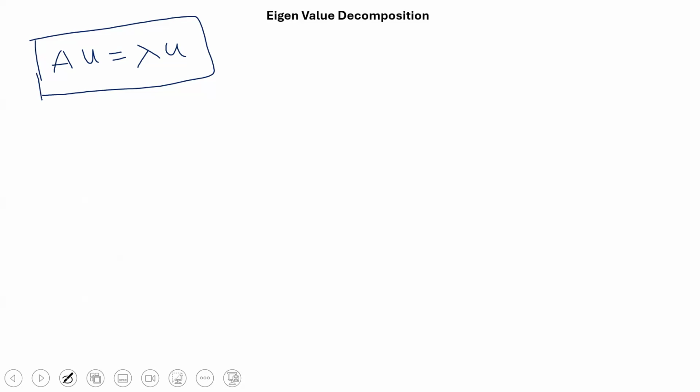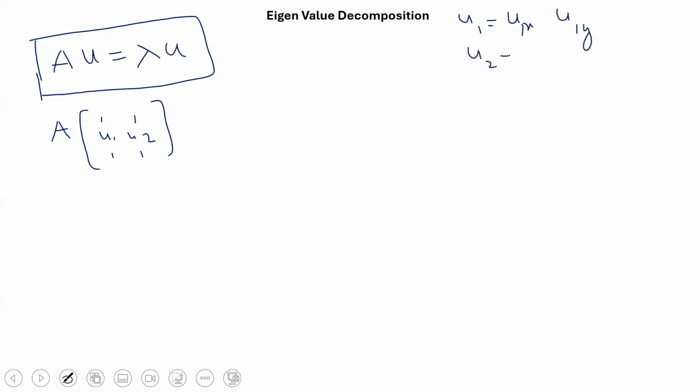We want to do an eigenvalue decomposition. How you can do that is, if I multiply with u inverse on both sides. In matrix notation, this can be represented like this, right? This would be u1, and this would be u2 vector. u1 can have an x component and a y component, so u1x, u1y.